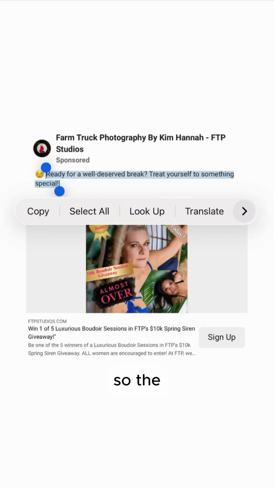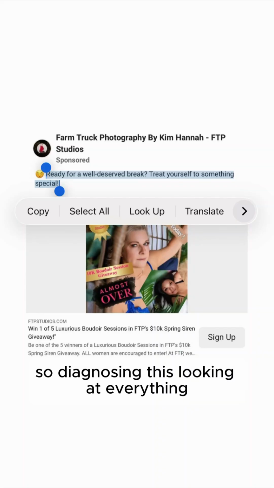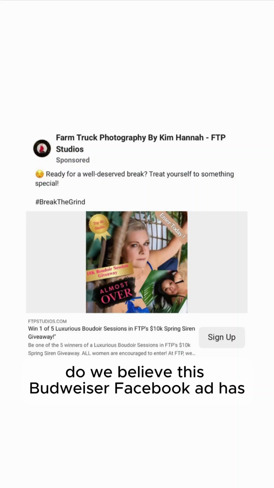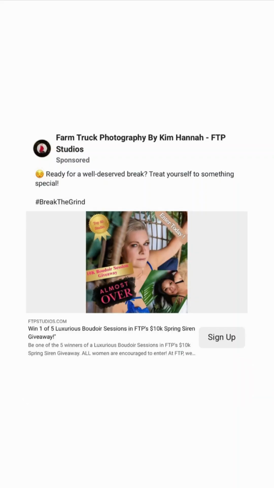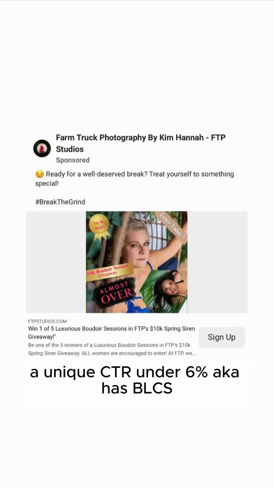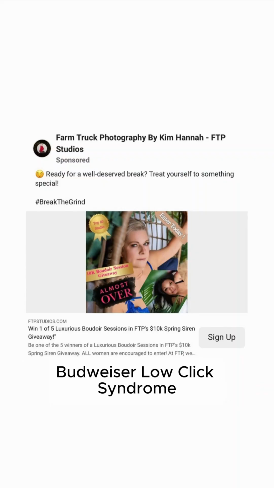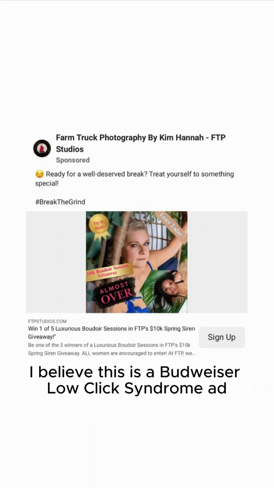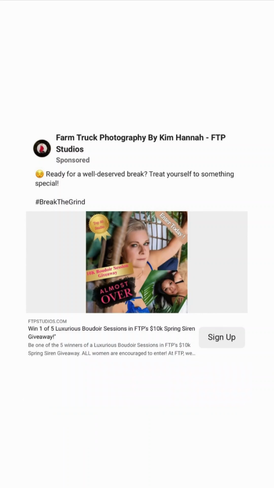So diagnosing this, looking at everything, do we believe this Boudoir Facebook ad has a unique CTRL under 6%, aka has BLCS, Boudoir low click syndrome? Yes, I do. I believe this is a Boudoir low click syndrome ad.